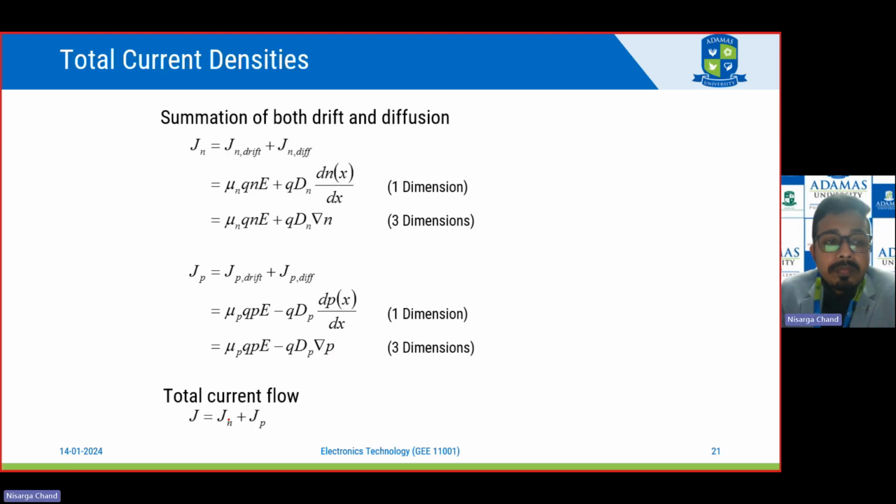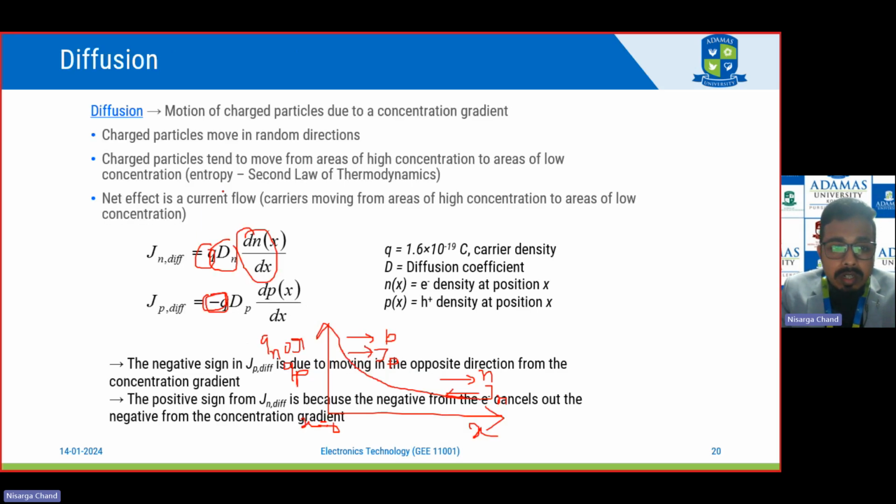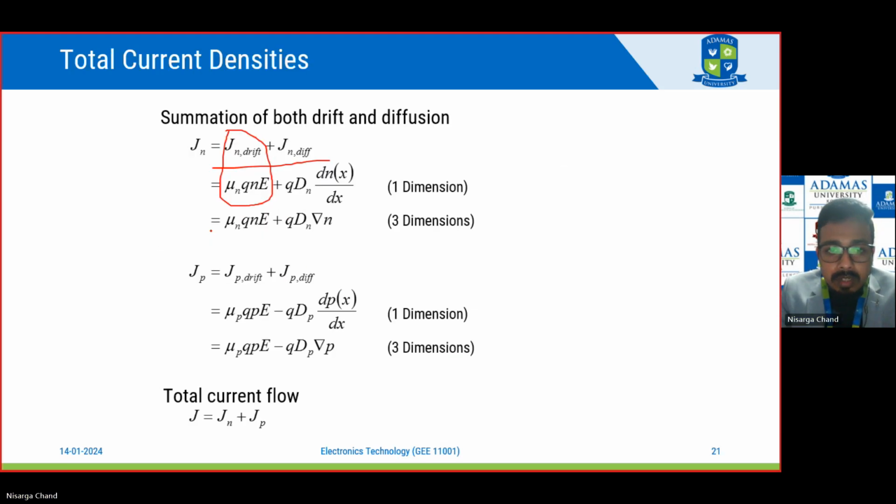So in summary, we have to produce current. Finally, we have to determine the total current equation, the summation of both drift and diffusion. Jn equals Jn drift plus Jn diffusion. This is the Jn drift equation I have already mentioned earlier, mu n into Q into n into E, plus the Jn diffusion equation, Q into Dn into dn by dx.